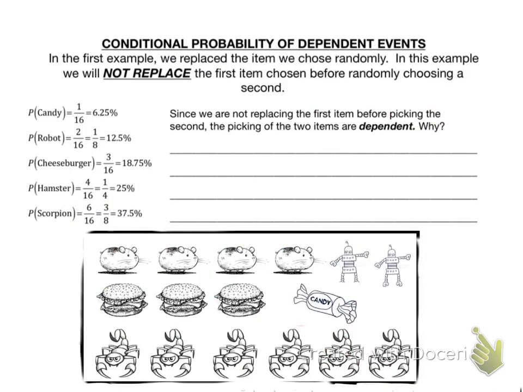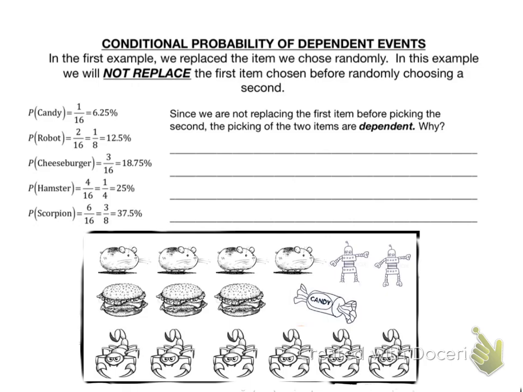Okay, now going on to dependent events. So the conditional probability of dependent events. In the first example, we put it back in the bag. In this example, we're going to pick out our cheeseburger and we're hungry, so we're going to eat it. That means there's one cheeseburger that's gone out of the bag. Since we are not replacing the first item before picking the second, the picking of the 2 items are dependent. So let's see why. Let's go back to the cheeseburger.